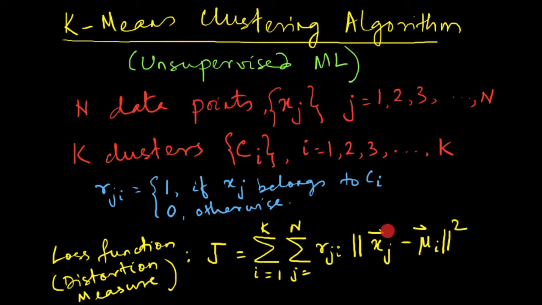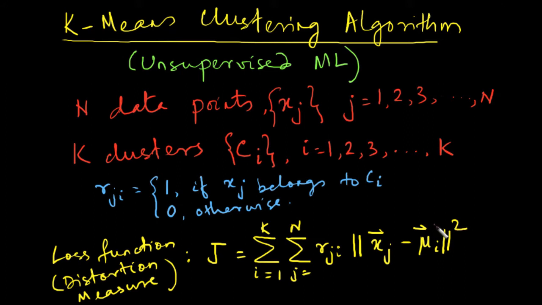So this x_j vector denotes the input data points. The mu_i's denote the central locations or the identity points of the K clusters. So our objective in the K-means clustering algorithm is to minimize this loss function.